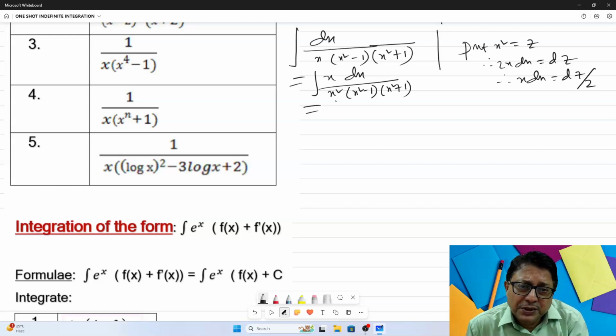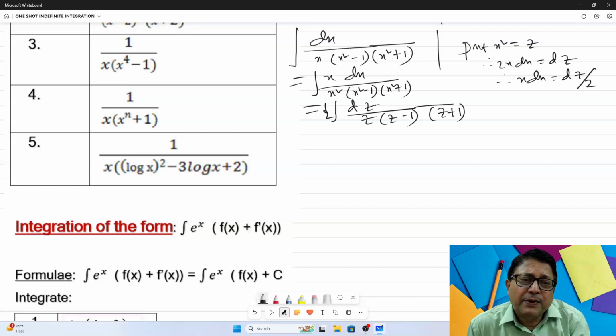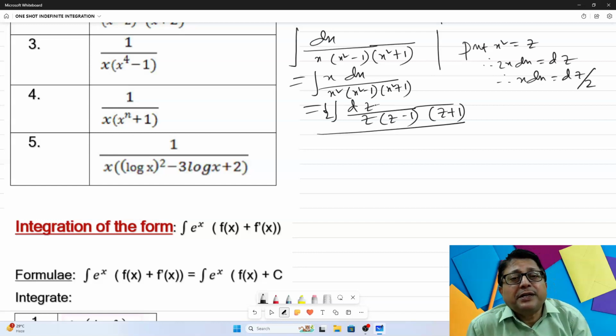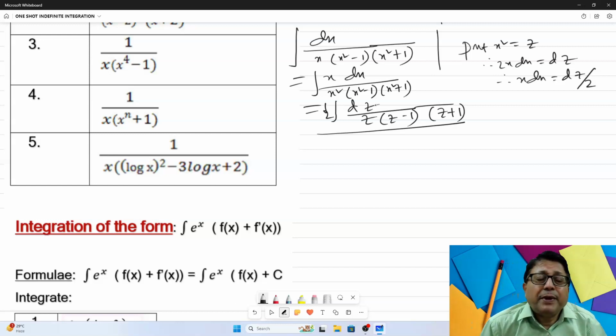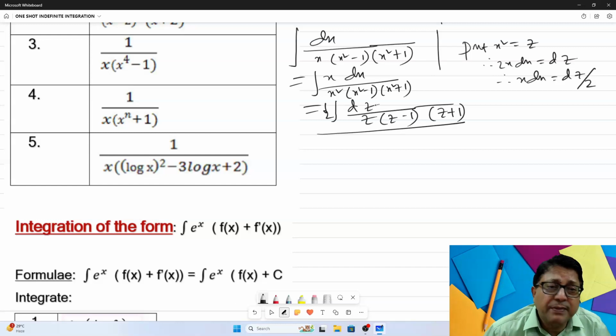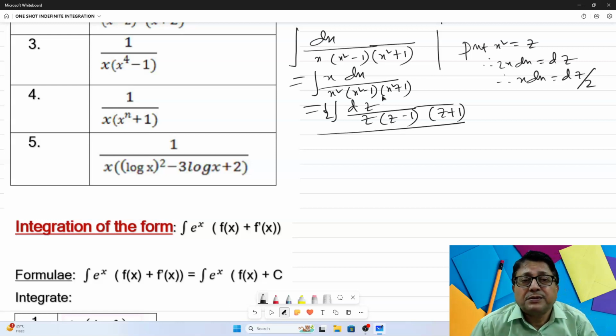So now the integrand will be half, dz by (z minus 1)(z plus 1). Now this integrand, separately you write in the form A by z, B by z minus 1, C by z plus 1, and then proceed. Okay.